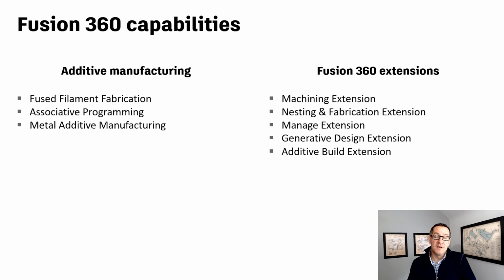Obviously, additive is a really big part of what Fusion 360 is good at. And then, like I mentioned earlier in today's presentation, the Fusion 360 extensions. These are advanced extensions only inside of Fusion 360 that allow you to do all kinds of really specific high-end machining, managing, nesting, generative design, additive. So you can check those out. Again, I'll have some resources here in a minute.